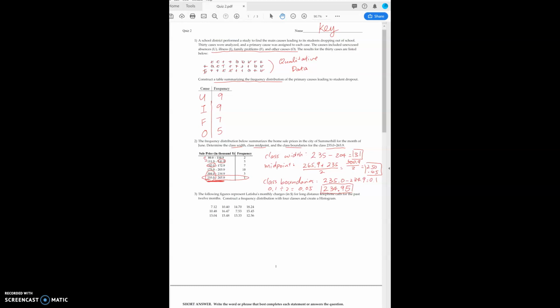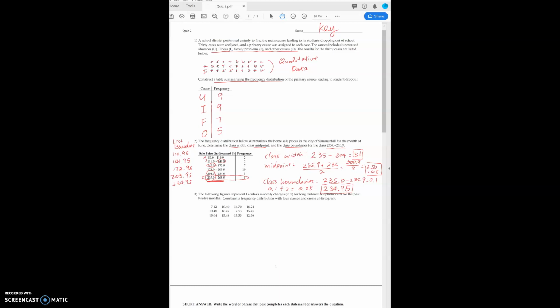Okay, so if I'm going to find the boundaries for any other classes, this is the list of boundaries. I will have 111.95, that's the first one. 141.95, that's the second one. 172.95. 203.95. 234.95.